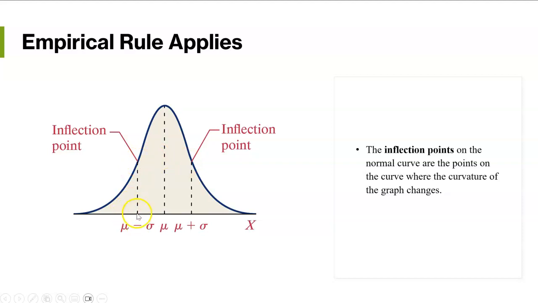So this is the mean minus 1 standard deviation, and this is the mean plus 1 standard deviation. Those are your inflection points. Your mean is in the middle. That is your highest point on the graph of your curve, okay? Those inflection points are the points on the curve where the curvature of the graph starts to change. So you see it's going down and it starts to change right there.